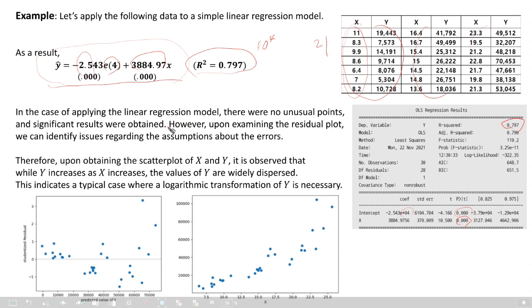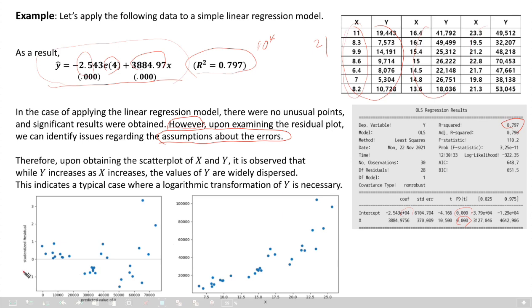However, I think you must examine the residual plot from your result, okay? Upon examining the residual plot, we can identify issues regarding the assumptions about error. Check the assumption of epsilon.